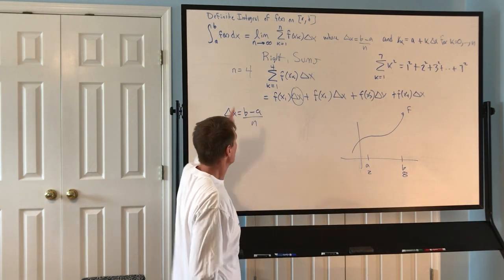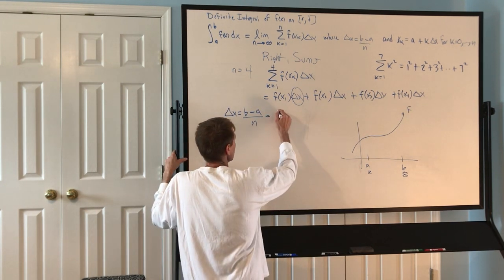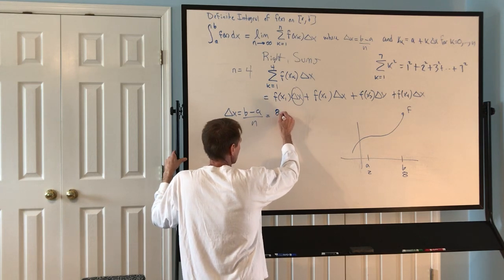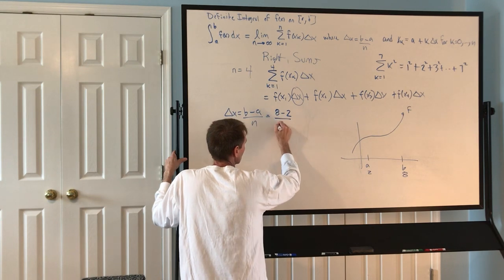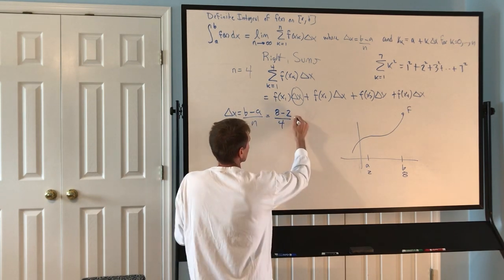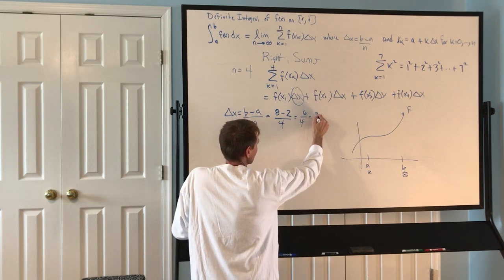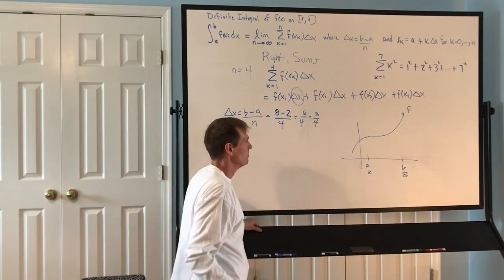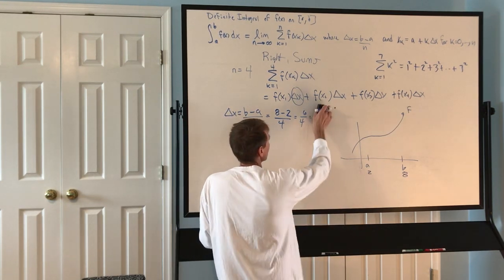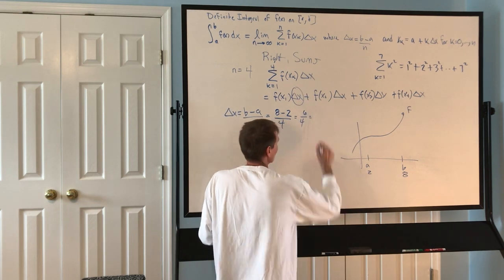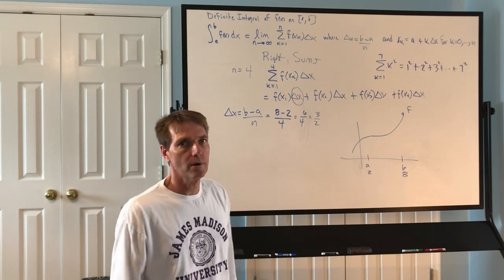And so in the case we're in, where n is 4, my delta x would be 8 minus 2 over 4, which would be 6 over 4, which would be 3/2, or 1.5.